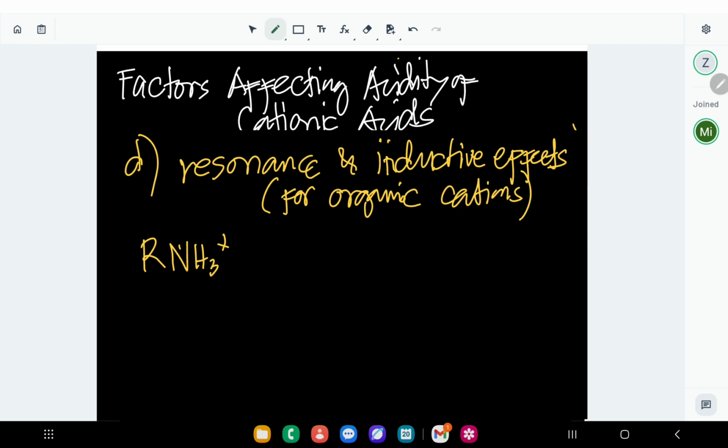Then I think those are the only factors that can affect the acidity of cationic acids.